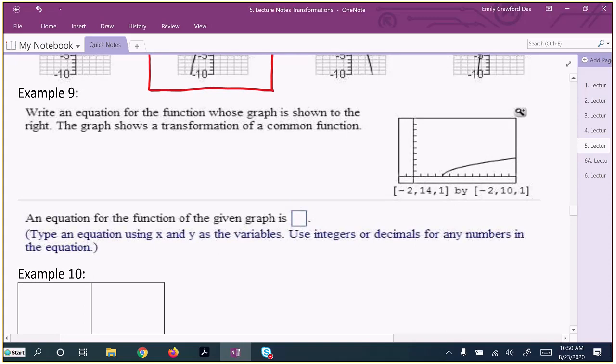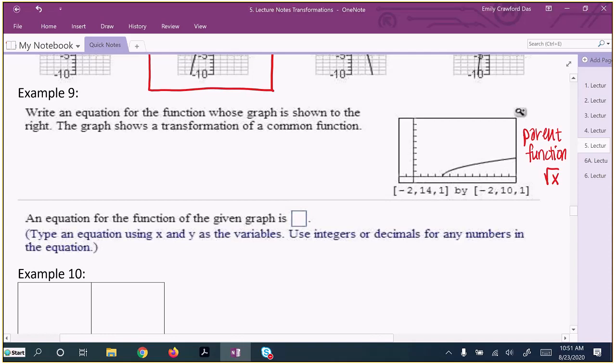Example 9, we have this graph pictured here on the right, and we're told to write an equation for the function whose graph is shown to the right. And it tells us this is a transformation of a common function. We know this. The parent function, in this case, we should be able to say right away, is square root of x.